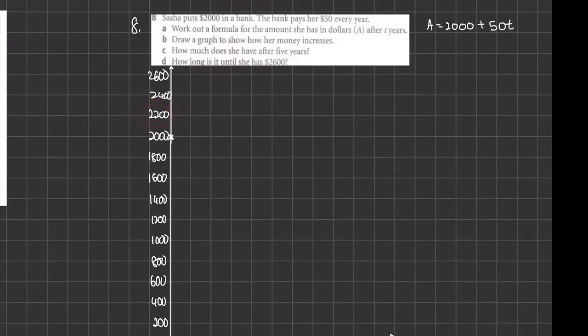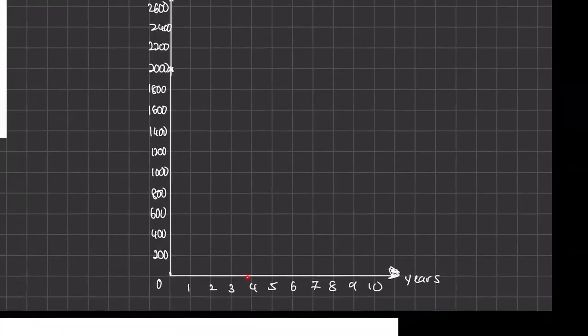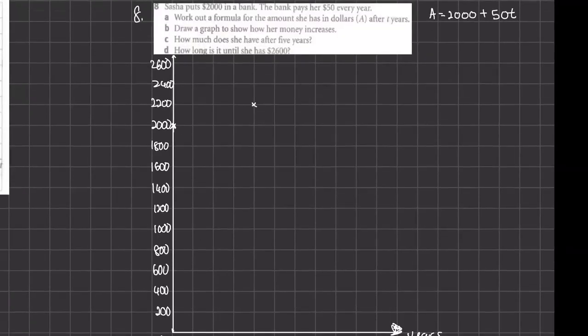So I'll just keep that in mind. I just want to find how long it takes to increase 200. 1 year, 50. So 4 years, 200. So I'll just put 4 here and then put here. I'll just draw a line. There we go. That's the graph that we need to draw.